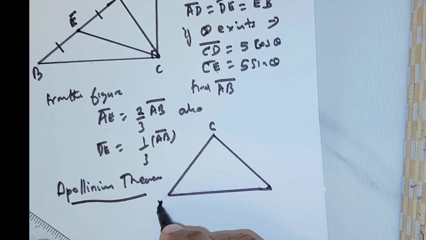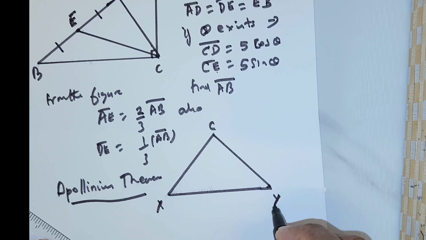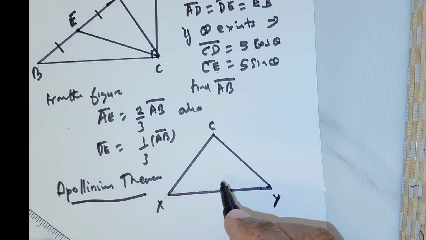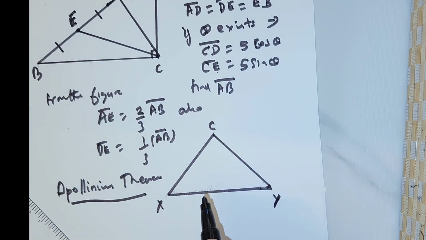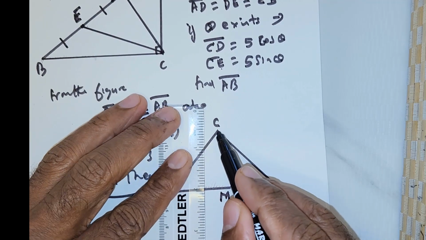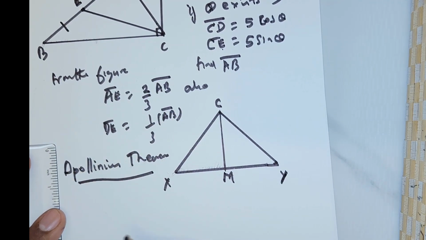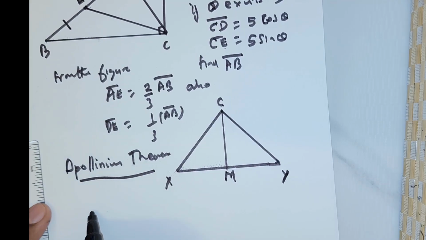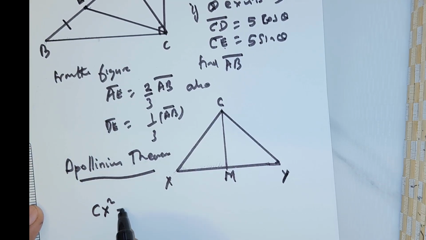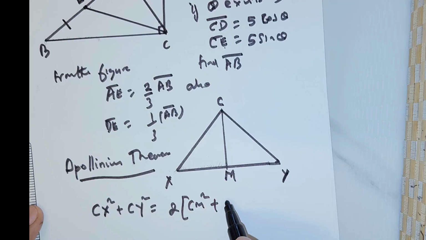Now imagine CXY is a triangle given to us, and say M is the midpoint of XY. Then we have CX squared plus CY squared is equal to 2 times CM squared plus XM squared.